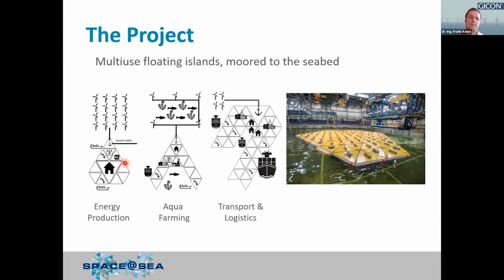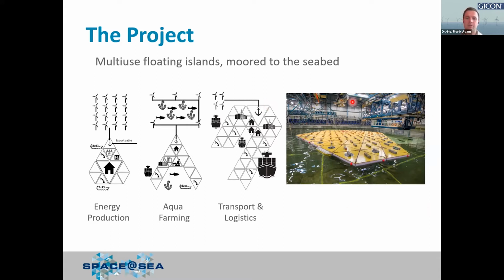Other work packages within that project dealt with fish and algae cultivation offshore, or a so-called transport and logistic solution where floating substructures for floating harbors or logistic centers offshore were developed.